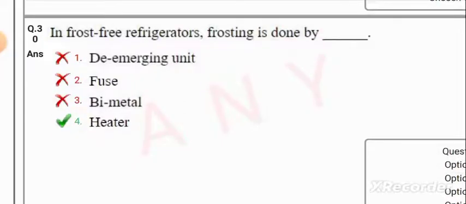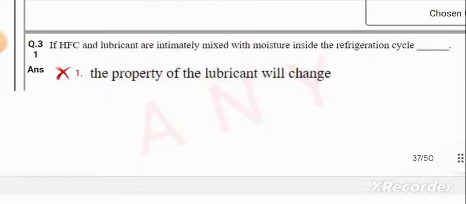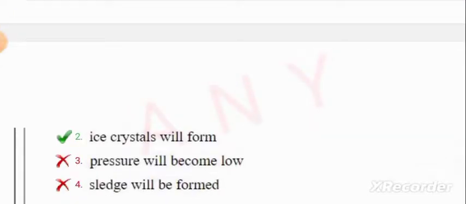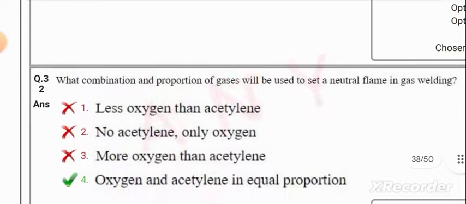In frost-free refrigerators, defrosting is done by heater. If HFC and lubricant are intimately mixed with moisture inside the refrigeration cycle, ice crystals will form.